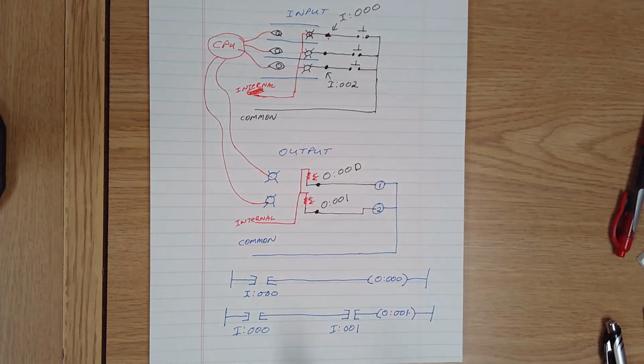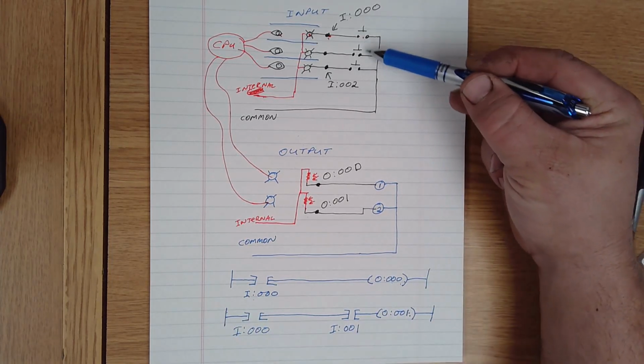If it has been activated, it fires output 000. Then it moves down to the next line. If it sees input 000 is true, it moves on. If it sees 001 is true, then it'll fire output 1.